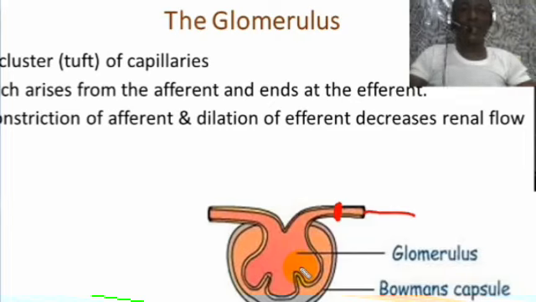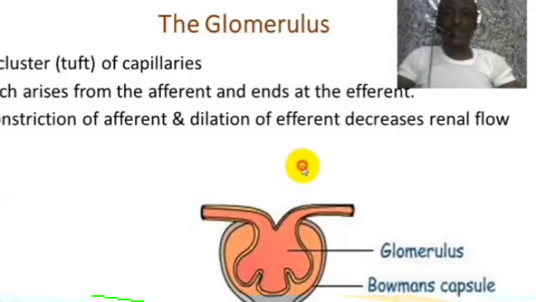That is, the amount of blood entering the kidneys reduces. However, if this part of the nephron is occluded or constricted, and this part is dilated, there will be an increase in renal blood flow. So take note of that.